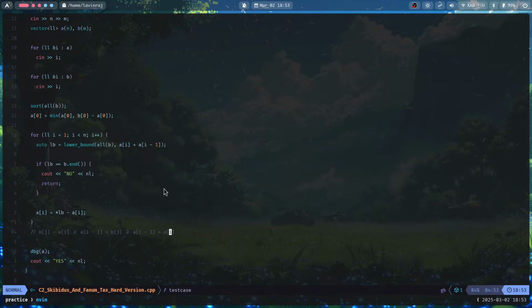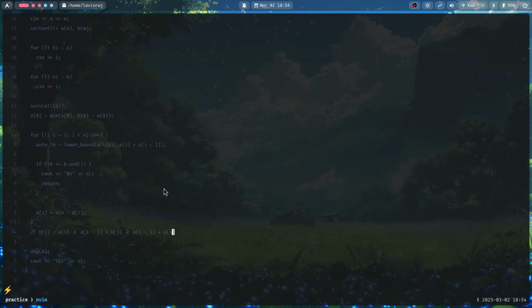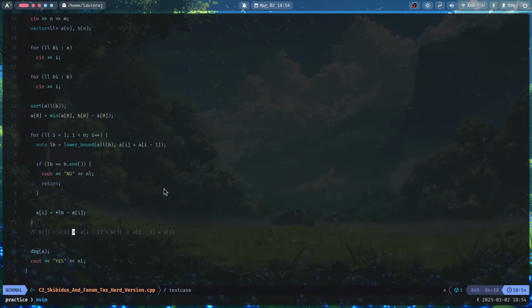This is the same condition that we are writing here. We're taking the lower bound for a_i and a_i minus 1. And this symbol represents the lower bound.